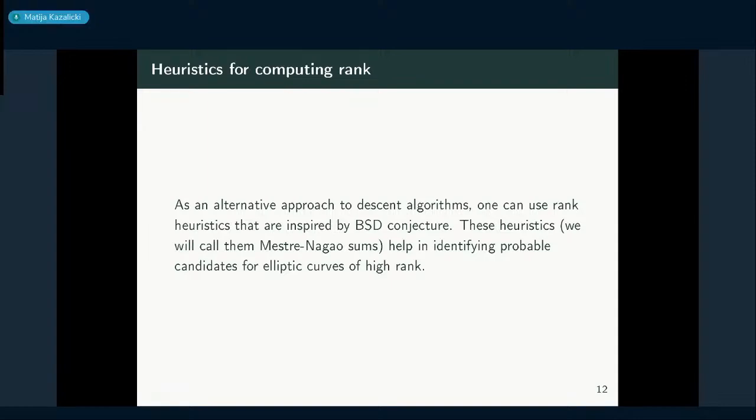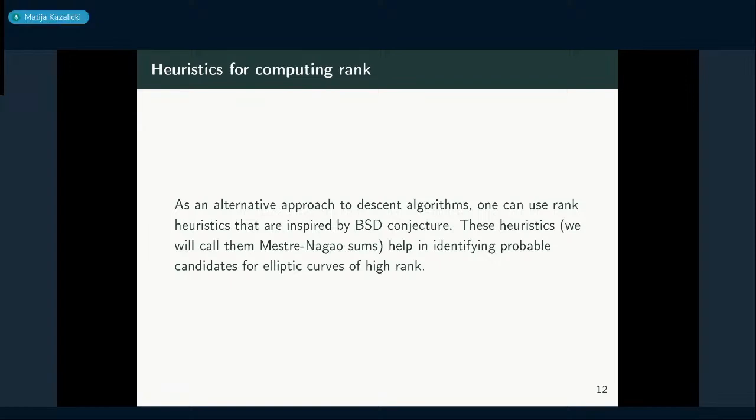So the idea is to use this conjecture to conclude something about the rank of an elliptic curve. This is not going to be precise algorithms. These are going to be heuristics, and we call these heuristics Mestre-Nagao sums. Their main role is not to tell you precisely what the rank of an elliptic curve is, but if you're interested in finding elliptic curves of high rank, then it will give you candidates for curves of high rank.